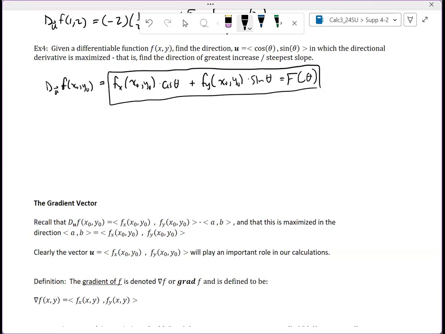We can change theta, and that might increase or decrease the steepness if we start moving in that direction. So how do I maximize F of theta? Well, this is a Calc 1 problem, right? I just have one input. How do I maximize over it? I differentiate, set it equal to 0, and solve.